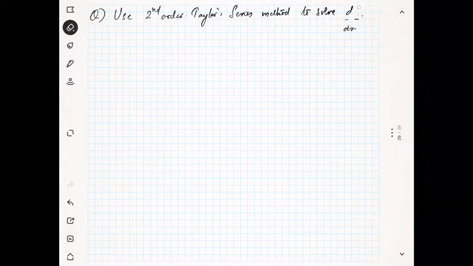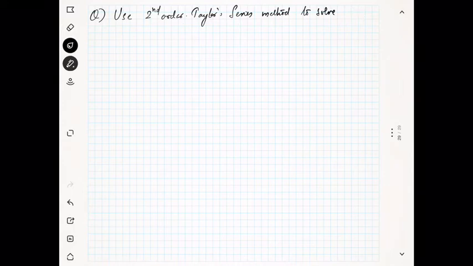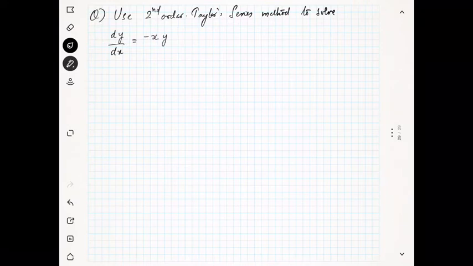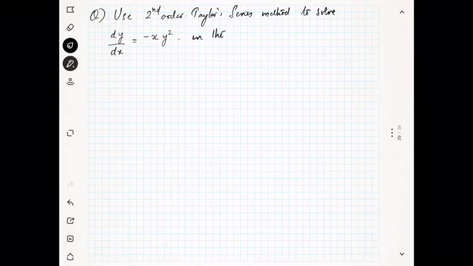This is the differential equation. And in the interval 2 and 3, we want to obtain the solution in the interval 2 and 3.